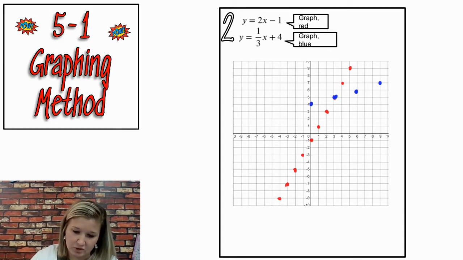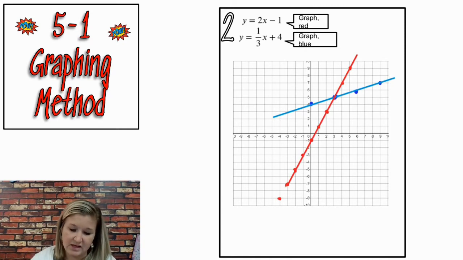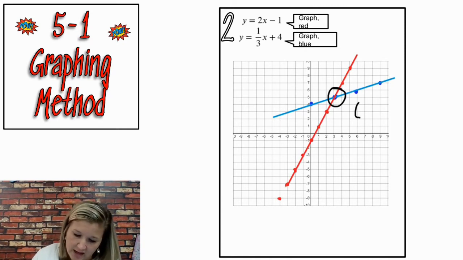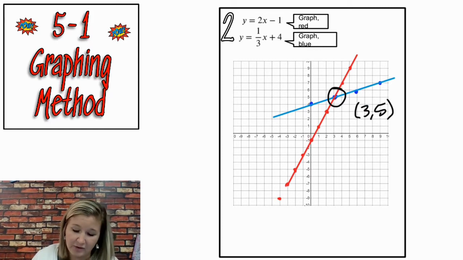If I wanted to make my two lines here, here's my blue line. It'll look something like this. And then my red line is going to look something like this. You can see those two lines are going to cross right here at (3, 5). That would be your solution there, (3, 5). You want to find out where those two lines cross. That's your solution.